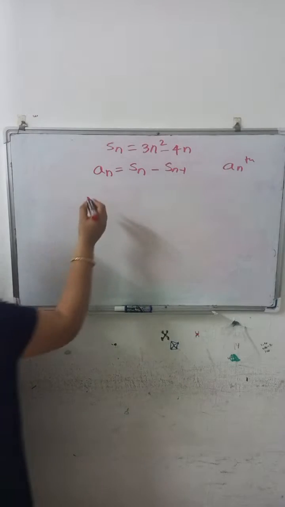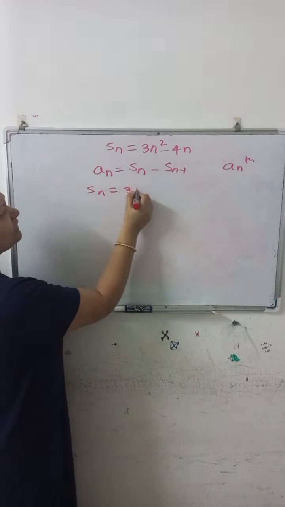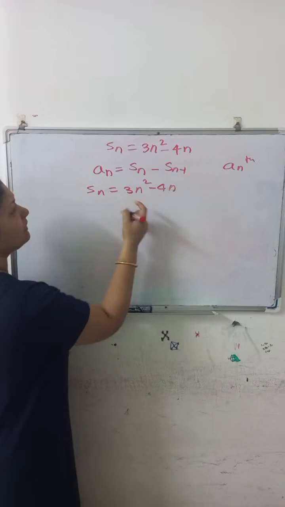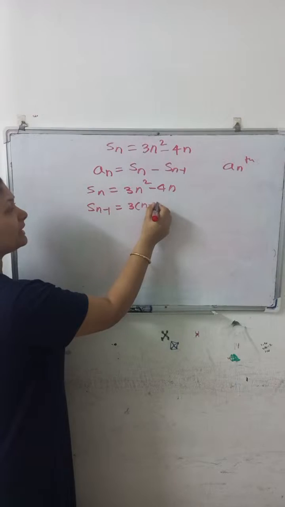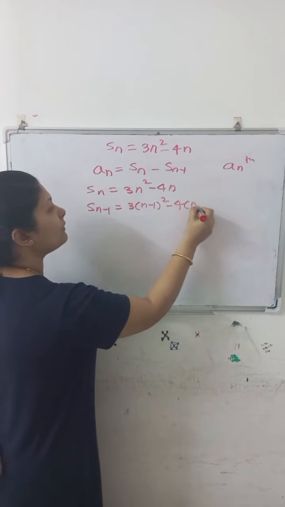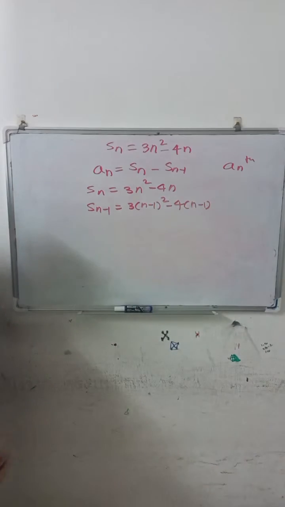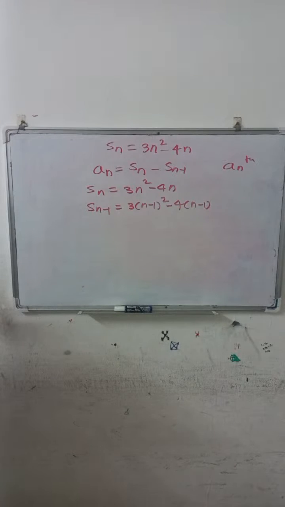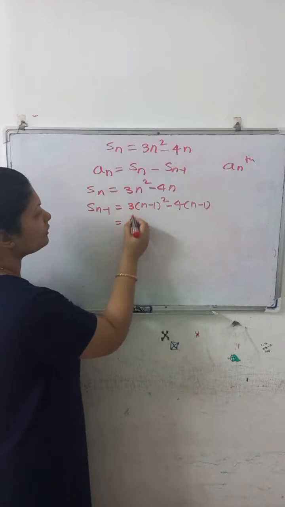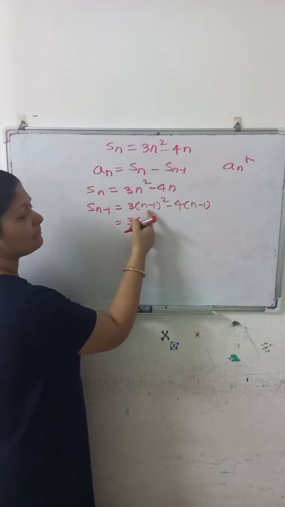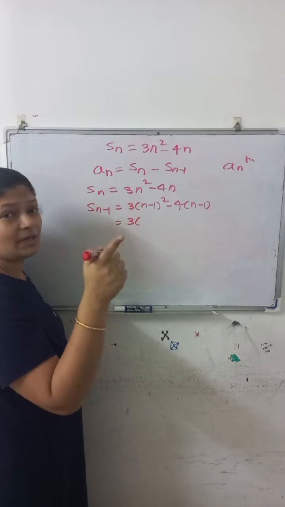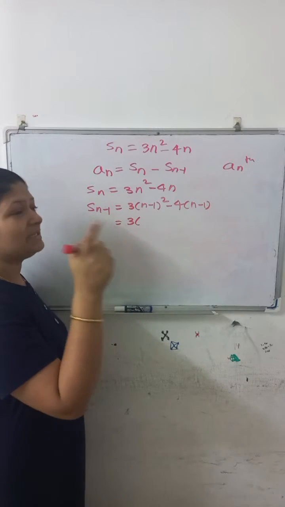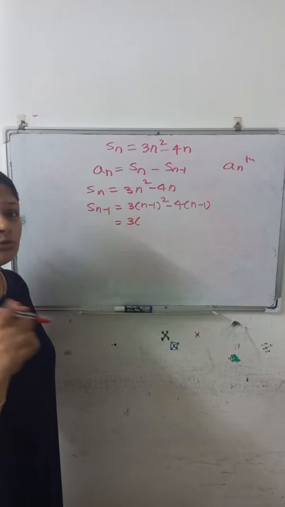So here Sn is given, 3n square minus 4n, and Sn minus 1 means 3 times n minus 1 whole square minus 4 times n minus 1. Can you get this? Now simplify and calculate. Expand n minus 1 whole square using the formula a minus b whole square is a square plus b square minus 2ab.